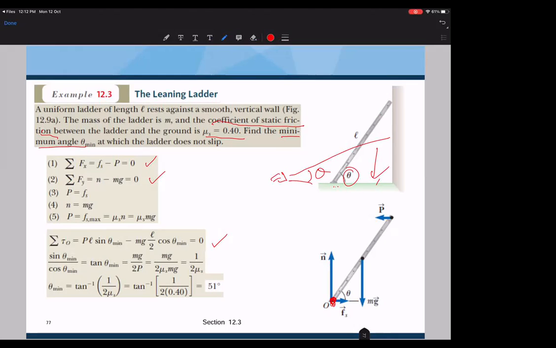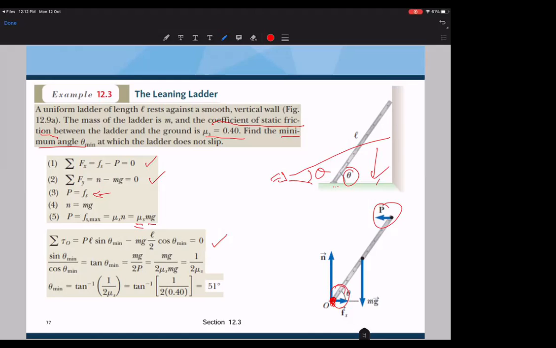And when it hits the minimum angle, the frictional force should be at the maximum value. So here we set P equal to the maximum static frictional force, which are the only horizontal forces. And the maximum static friction is equal to mu s times mg. Something I expect you to know by now because you are having the midterm next Monday.